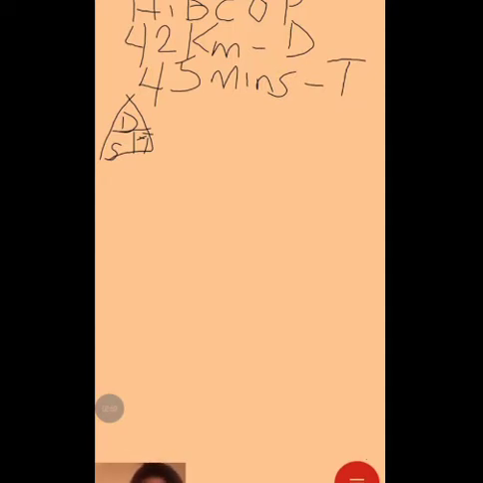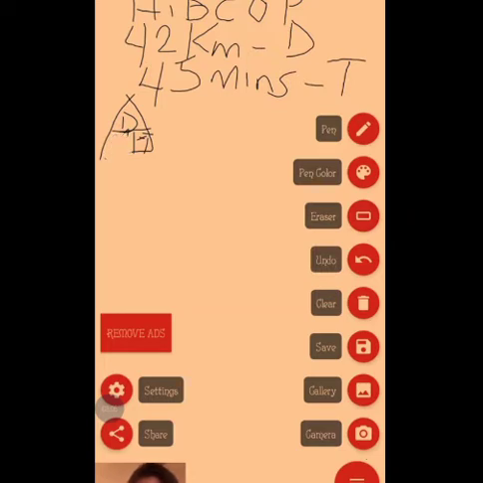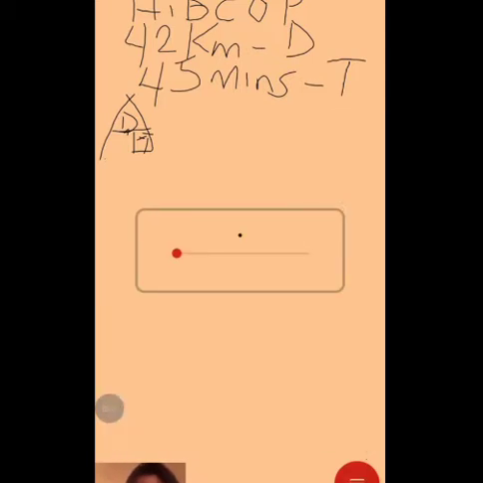We're going to cover the missing piece, which is speed. As we already have distance, let me use my eraser to erase speed. Okay, so speed is gone. So now what do we have?